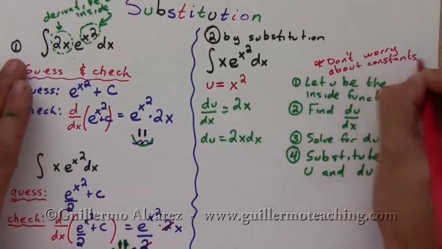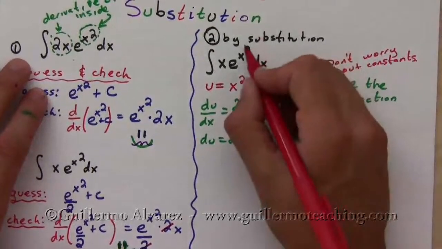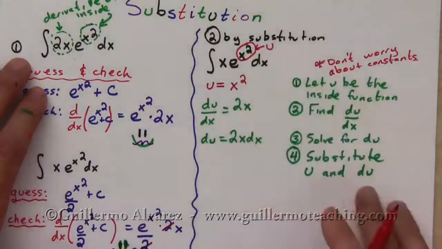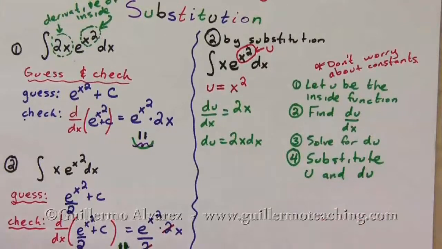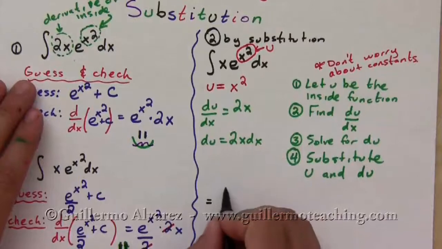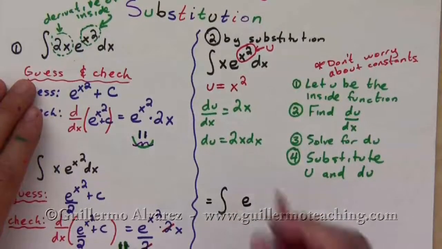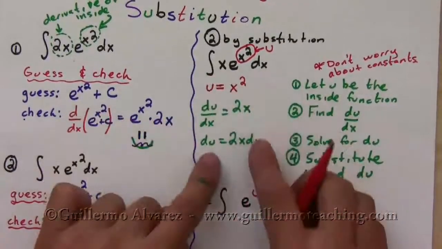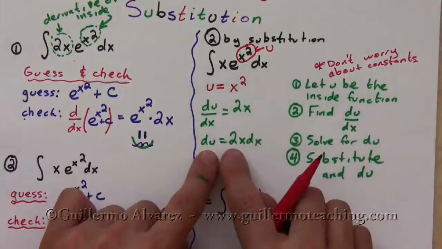And we're going to see why in a second. Now notice that this right here represents u. Okay, so let's start building here. So we're going to have the integral of e to the u. Now here I have an x and a dx. What I want is for everything else to be du.